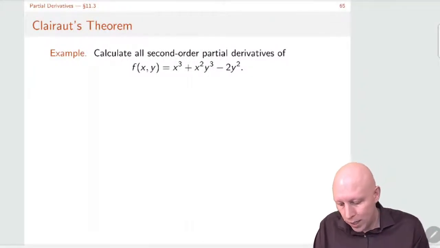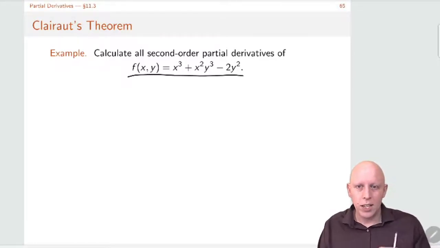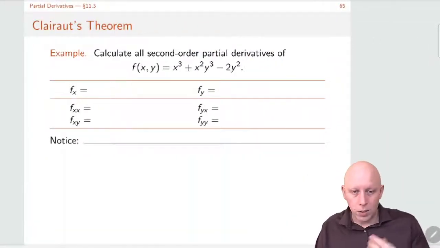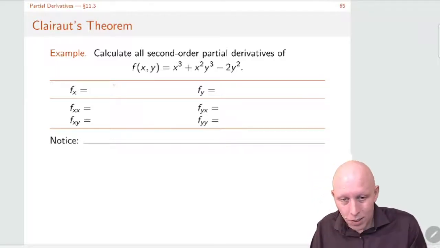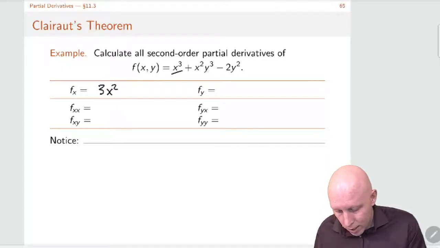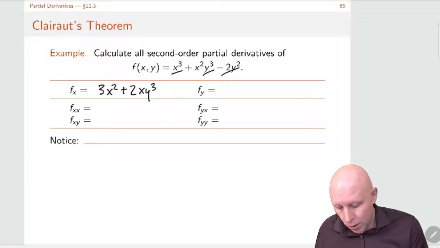All right, so here's an example: x cubed plus x squared y cubed minus 2y squared. Let's find all second order partial derivatives of this. To do that, first we take the first derivatives. The derivative with respect to x: 3x squared, y is a constant so we get 2xy cubed, and the derivative of a constant is 0.